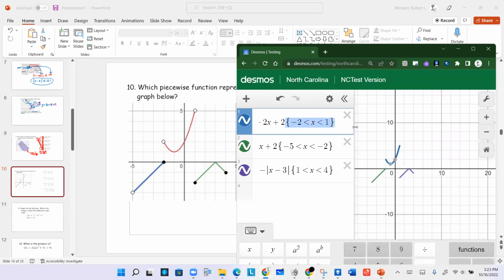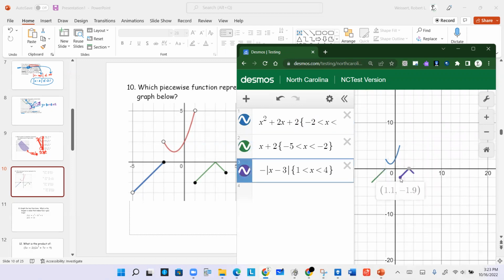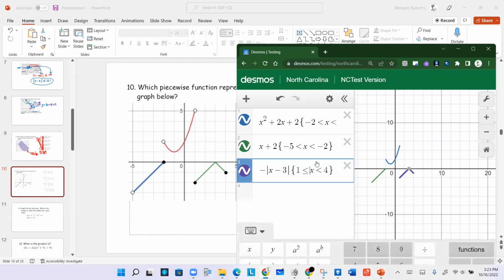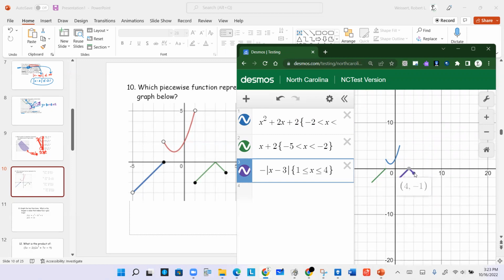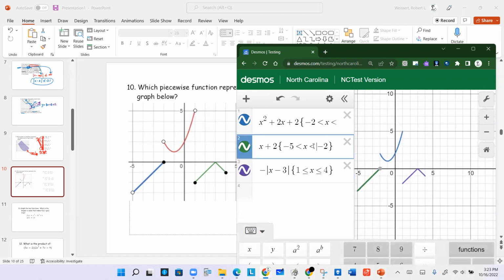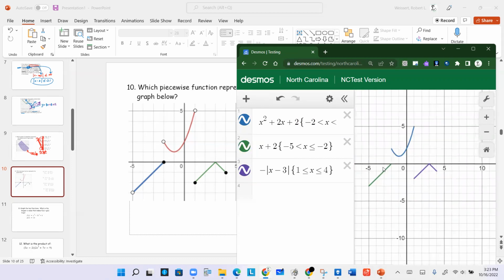So that one's good. Now this one here on the right side, I want these both to be closed, not open. If you look at my graph here, they're closed. So those need to be equal to get those closed symbols. And actually this problem right here at -2, that should be equal to because that point for the green graph should be a closed circle there.